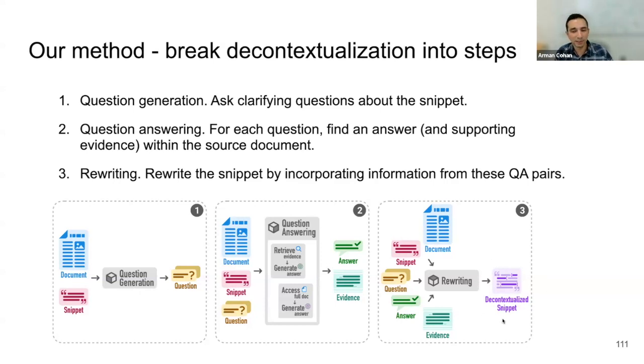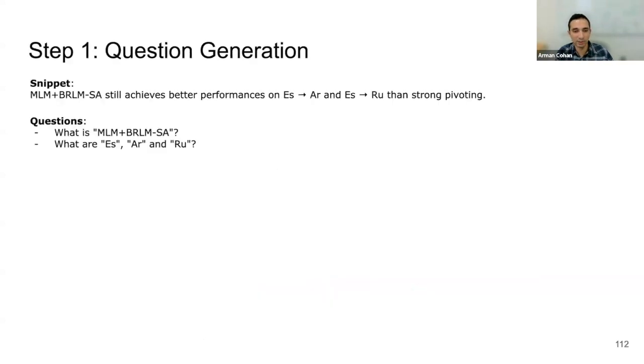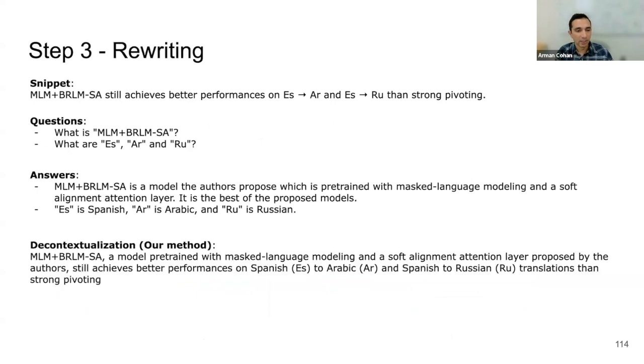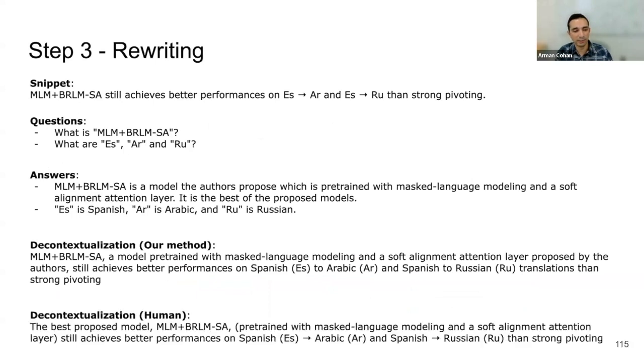And the hypothesis was, okay, breaking this task into these steps can actually help us. So the question generation could be things like, for example, what is MLM plus BRLM, and so on. The answers could be just description of these entities. And the decontextualization is actually rewriting these into a snippet.